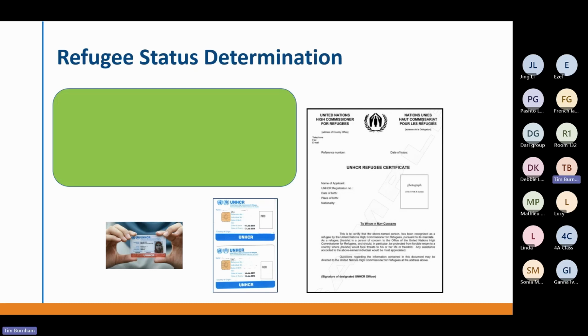A little bit more about refugee status documents: only one person in the family needs to have the refugee status document. Refugee status documents are mandatory for groups of five and community sponsors.